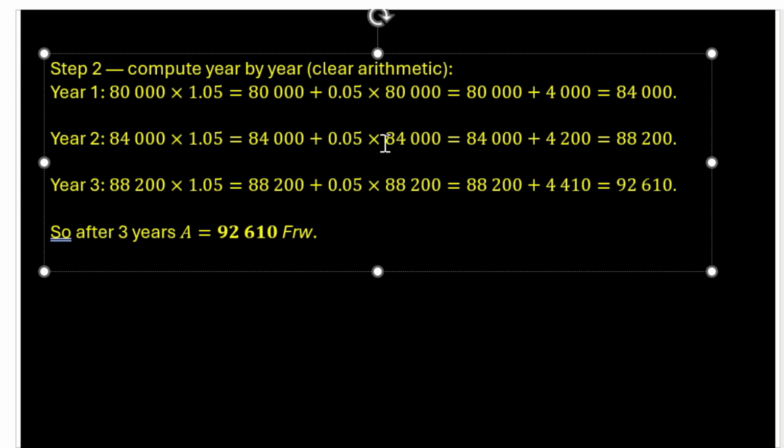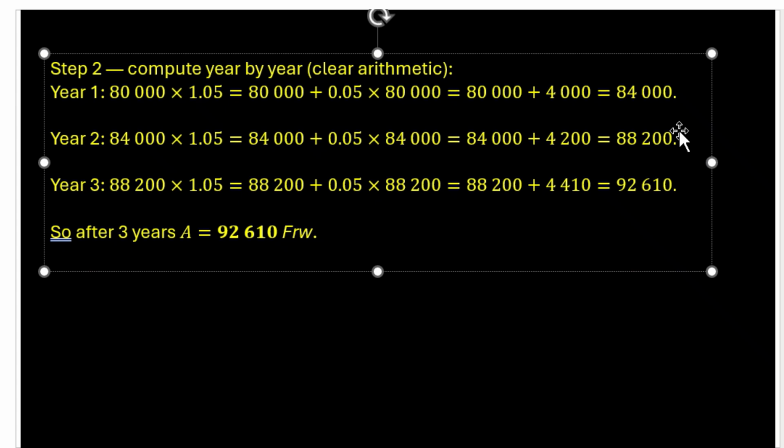When you multiply, the interest will be added, which is 4,200. So you also add it to the principal you started with, which is 84,000, and then you get 88,200.